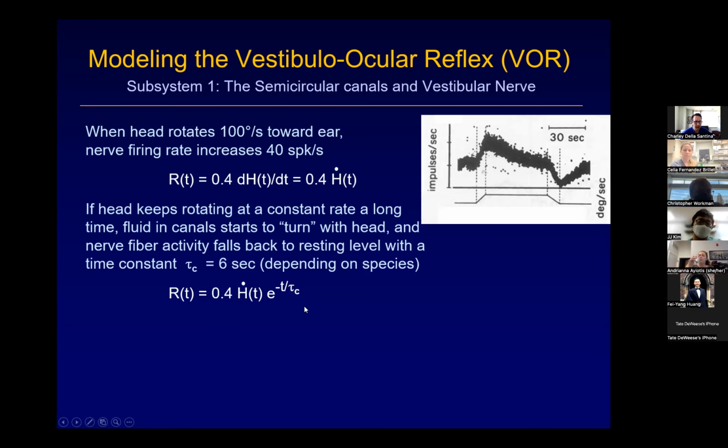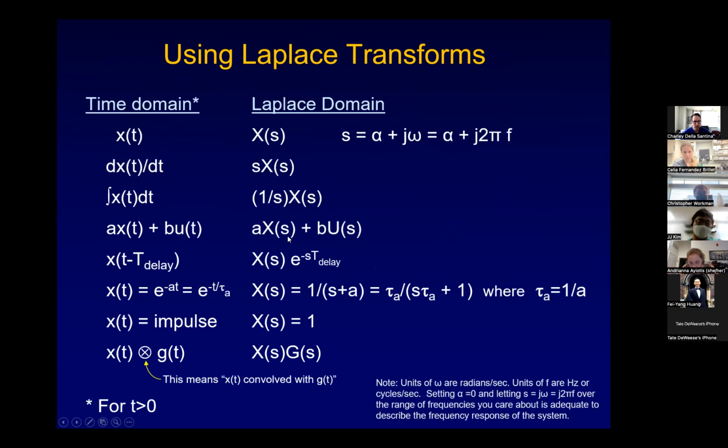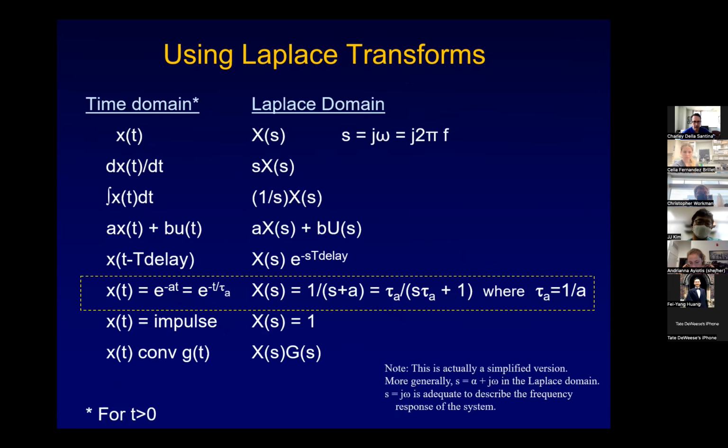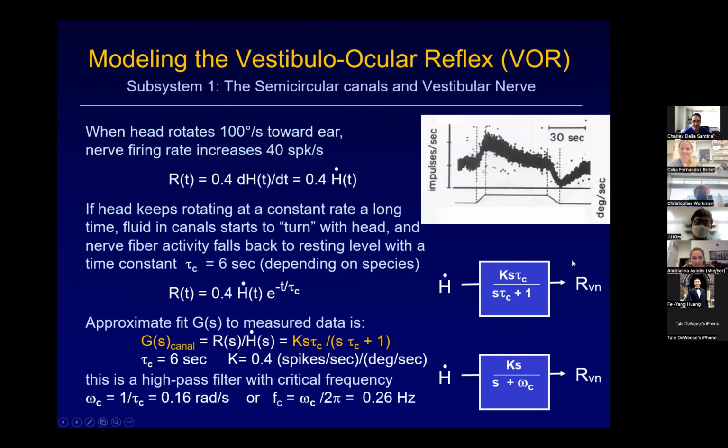And then we can go back to our table and say, if we look for some function of that form here, it turns out that we can just pull this out of the table. I have it here. We can pull this out of this table, and now we've got our transfer function defined for the first block in our system.